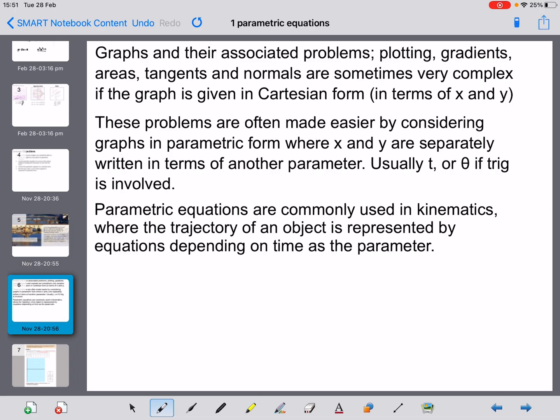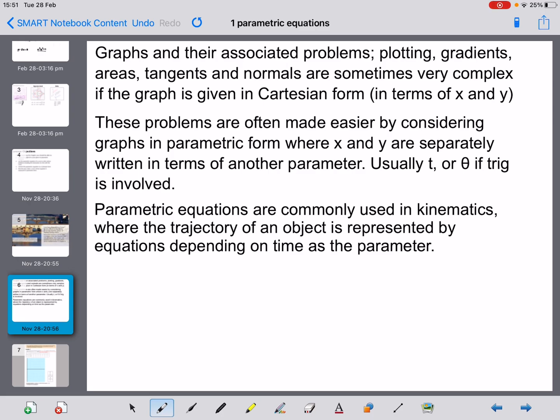These problems are often made easier by considering the graphs in parametric form, where x and y are separately written in terms of another parameter. So we usually use the letter t or sometimes theta. Parametric equations, as I've shown you, are used for much more complex graphs. We've used them in kinematics when we've been looking at projectiles.